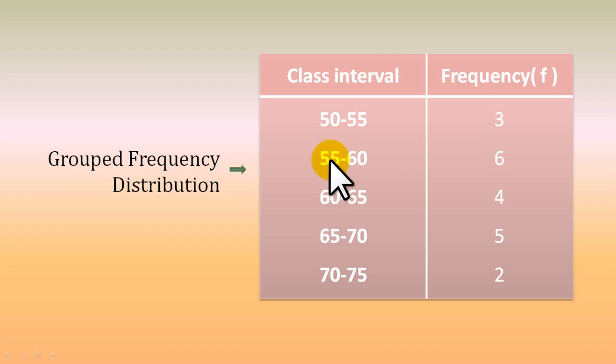Similarly, from 55 to 60, the number of persons is 6. So here in this class interval, 50 is the lower limit and 55 is called the upper limit. But here we are considering the values from 50 to 54 only. Here we are not considering 55.